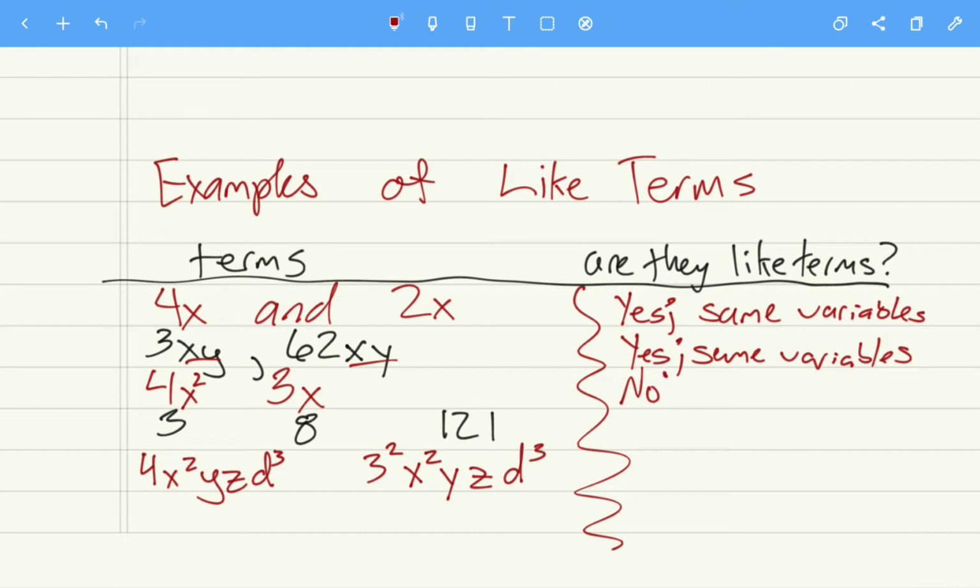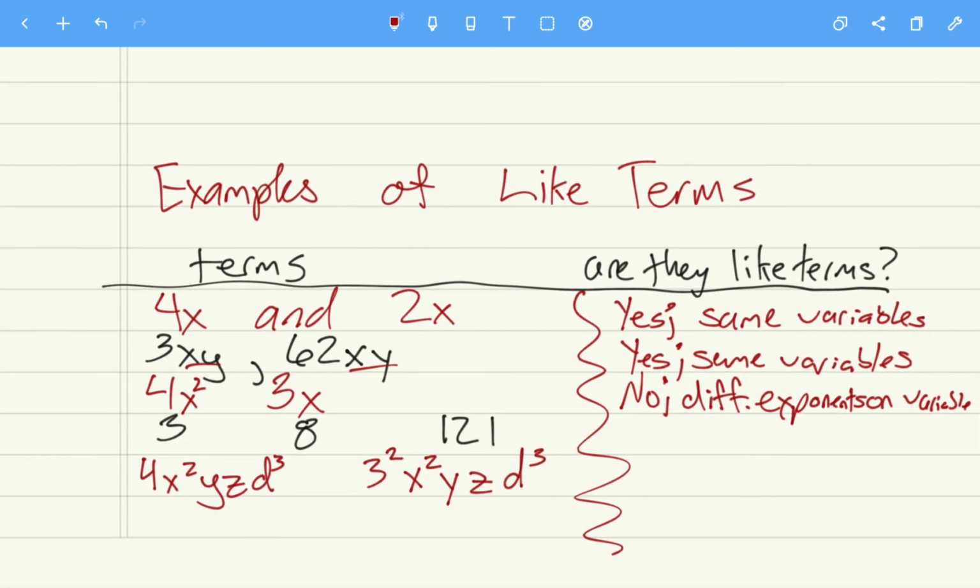These are not like terms because they have different exponents on the variables. Out of space there, but hopefully you got it. This next one, we are given 3, 8, and 121. Yes, these are like terms because they are all constants.